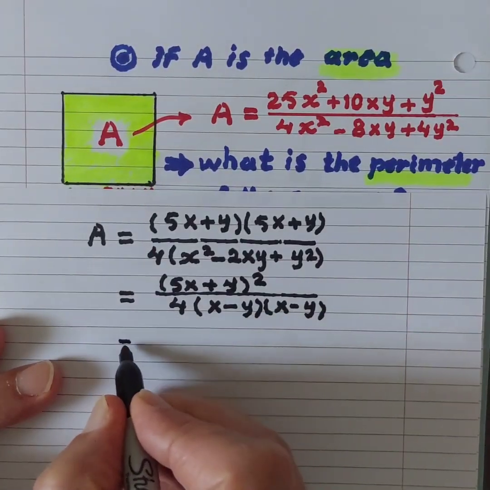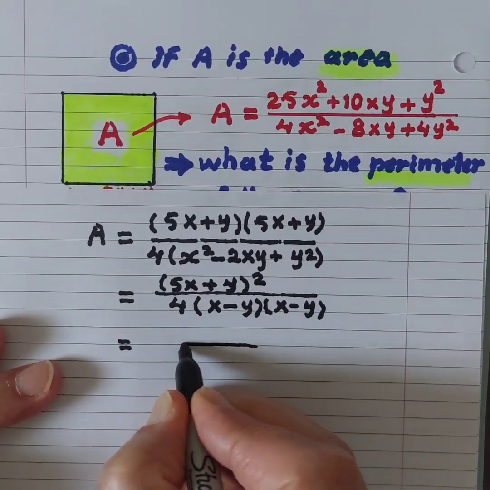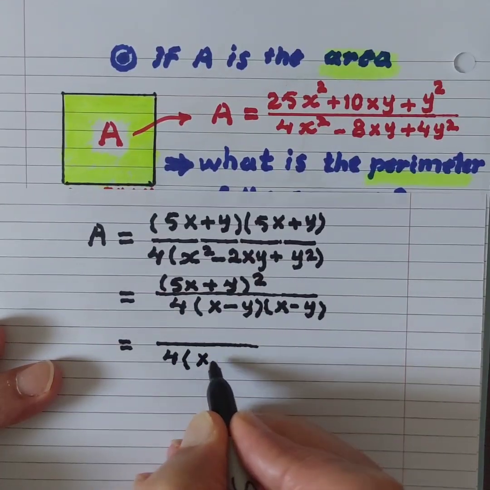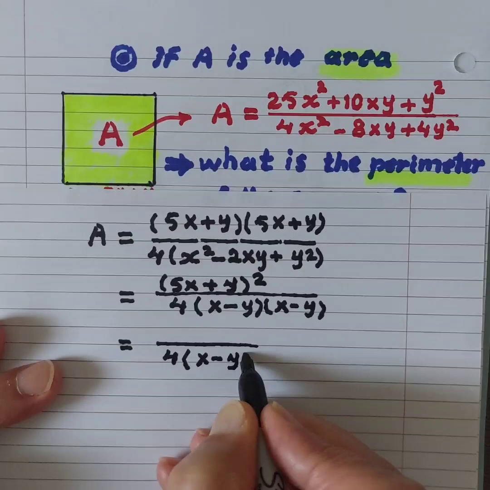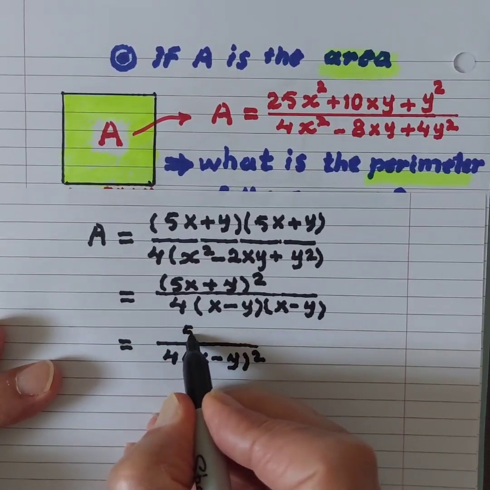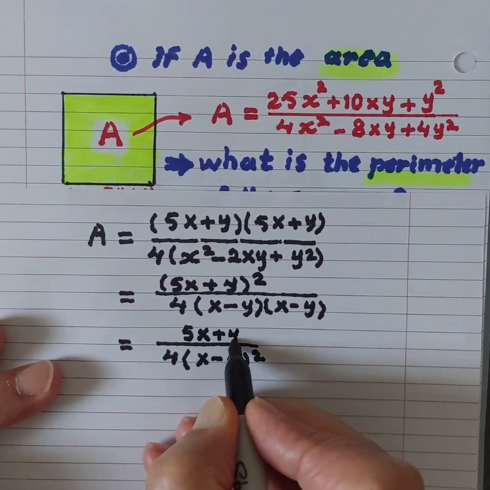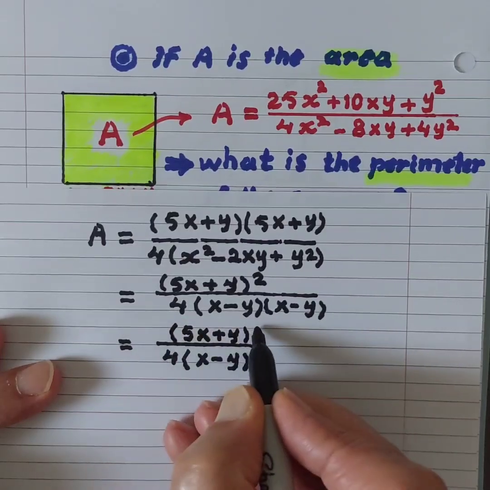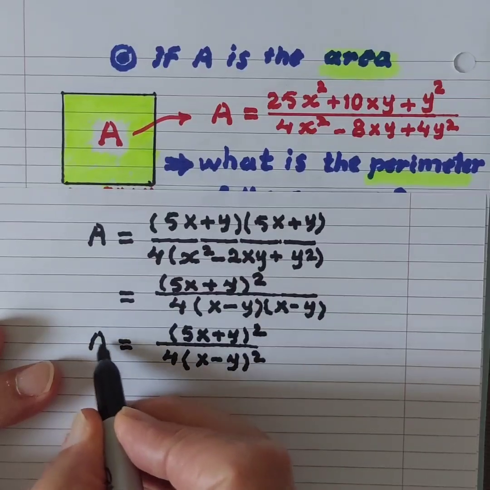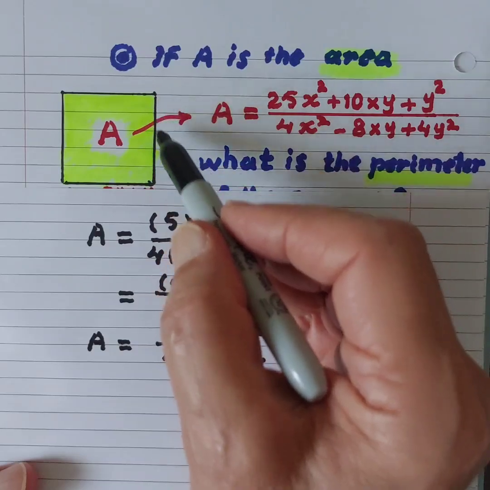We can write the denominator in simple form as 4 times x minus y to the power 2. And this also we repeat by the same shape without a change.